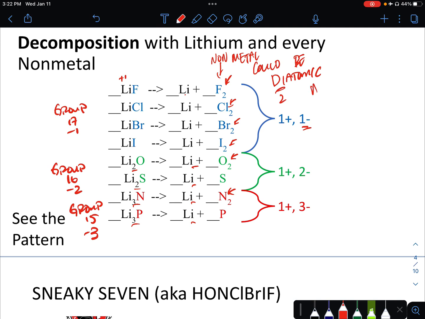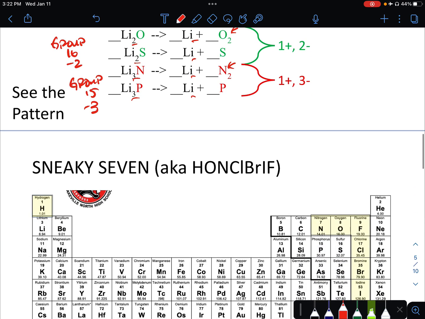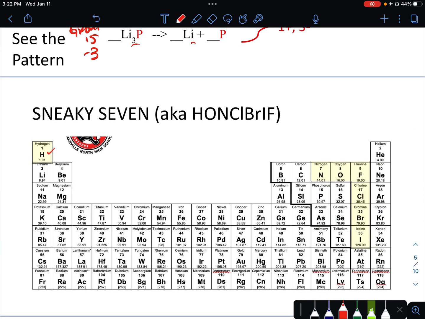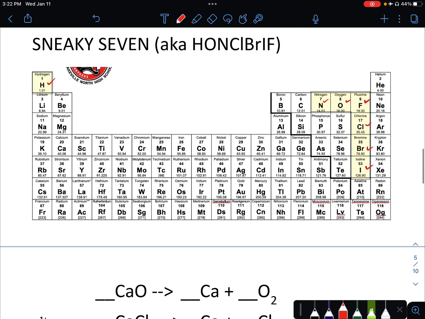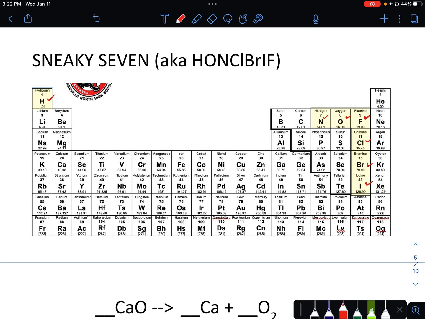Di meaning 2 atom. And really, we're looking at hydrogen, nitrogen, oxygen, fluorine, chlorine, bromine, and iodine. Those are our sneaky sevens, so to speak. But here's the nice thing. You don't have to memorize those.